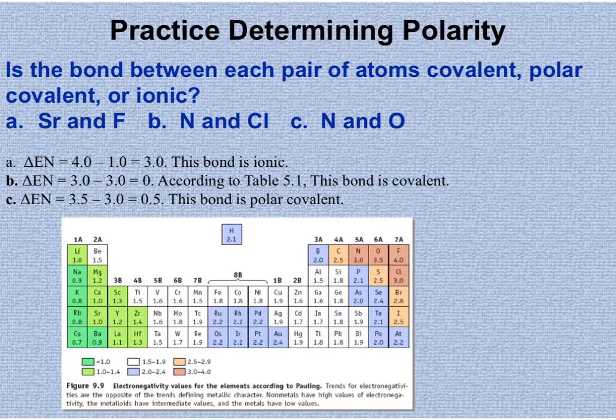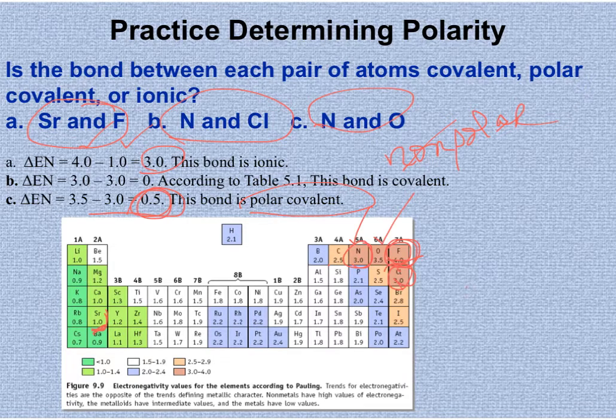Alrighty, so to give you an example of how you can actually calculate the electronegativity difference for a bond. Sometimes you don't need the table of values. You can look, as we did a couple slides ago, at how far apart two atoms are in the periodic table. But let's do some examples actually using the calculation. So strontium and fluorine. Okay, so let's locate them on the periodic table.